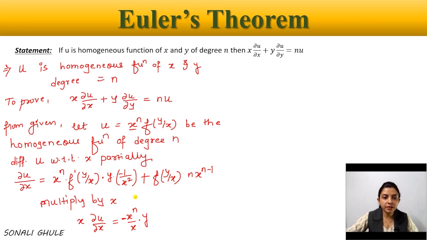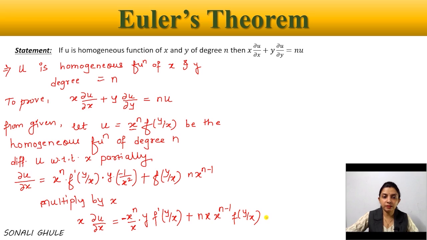And this will be negative because of this negative sign, right? And what is remaining? f'(y/x), right? Plus, similarly, I am going to multiply by x here. So you can see when I multiply this term by x, I will get this term. Okay. So this is the multiplication by x.